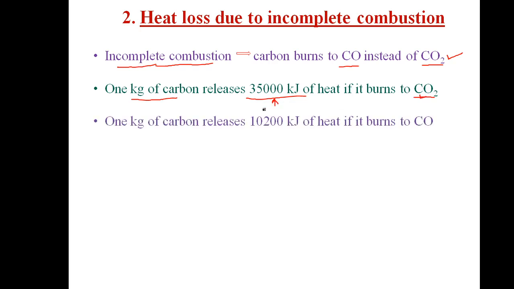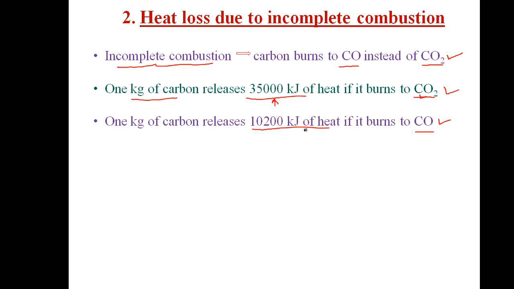Coming to incomplete combustion, if 1 kg of carbon is burned into carbon monoxide due to insufficient oxygen, then it liberates only 10,200 kilojoules of heat. So it should liberate 35,000 kilojoules if it burns into carbon dioxide, but if it burns into carbon monoxide it liberates only 10,200 kilojoules of heat.